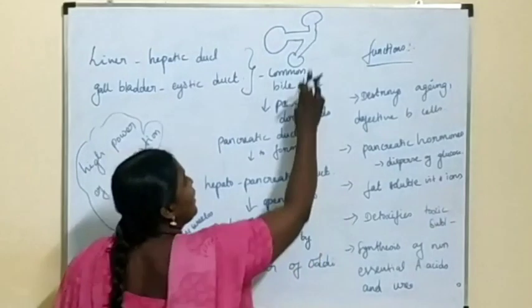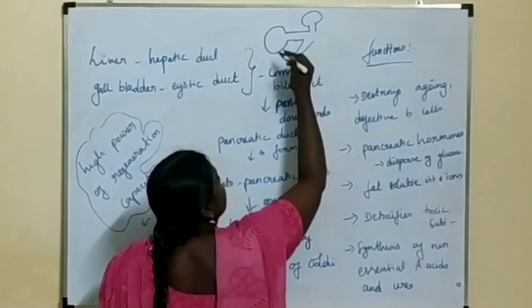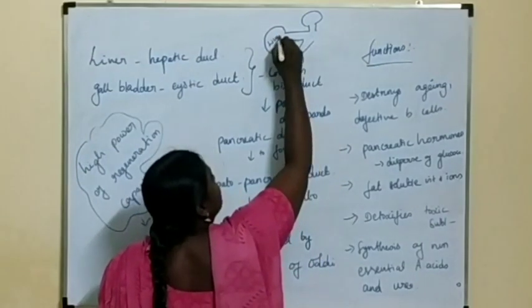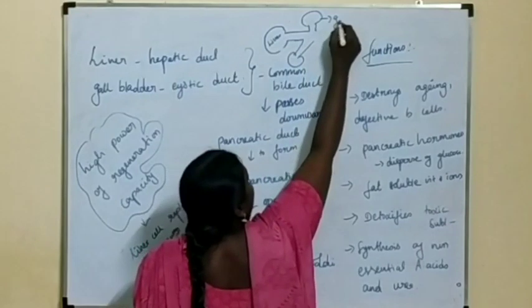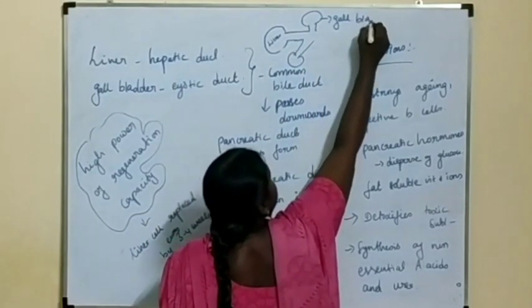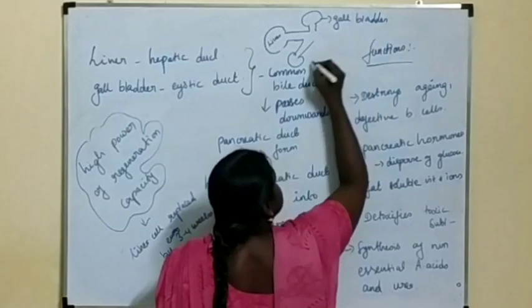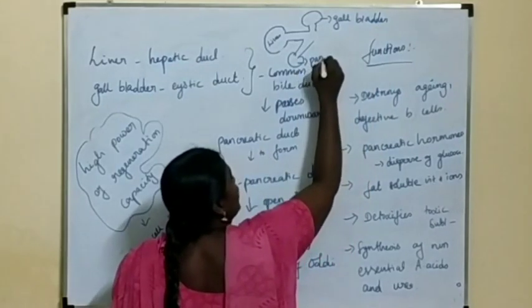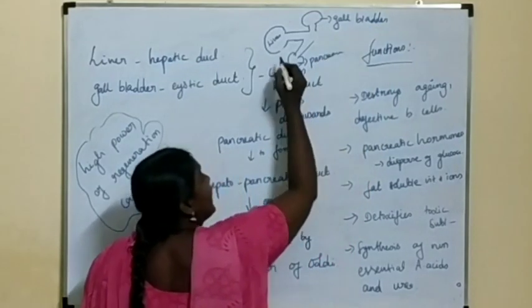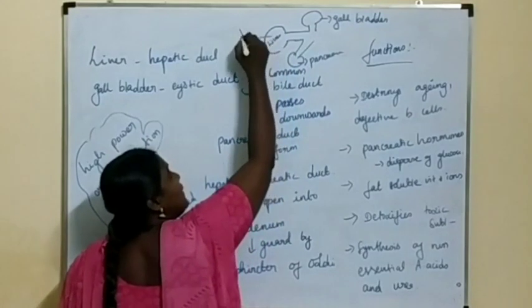This one is the liver and this is the gallbladder. Okay, the liver has the hepatic duct.